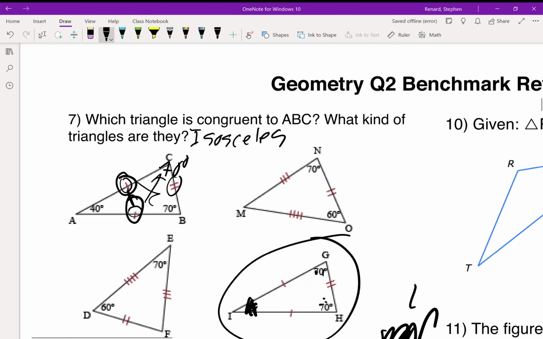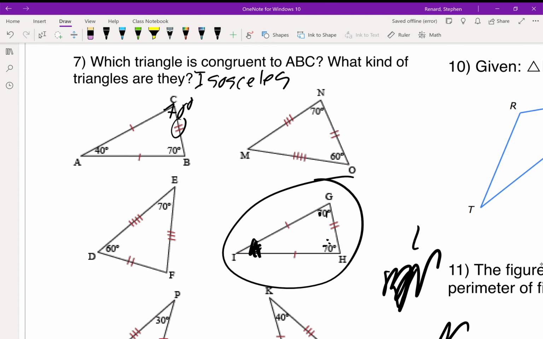Moving on. So these are isosceles triangles. Notice here that these sides here are 1 and 1. We also know that because they're isosceles triangles, the base angles have to be the same.